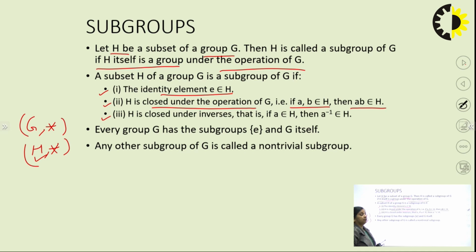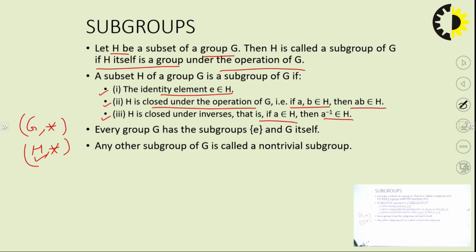Now third, H is closed under inverse. What does it mean? If a is present in H, its inverse must also be present in H. That is closed under inverse. So it must fulfill 3 properties: the identity should be there, it must be closed under the operation, and it must be closed under the inverse.